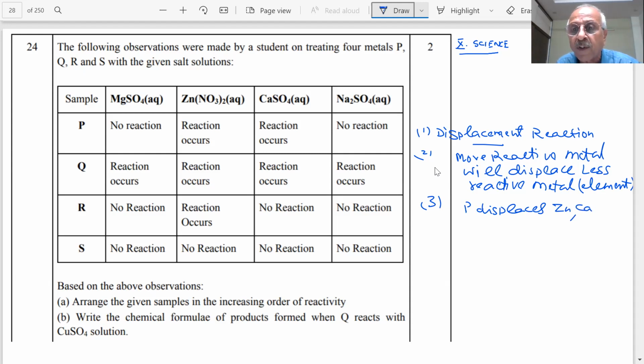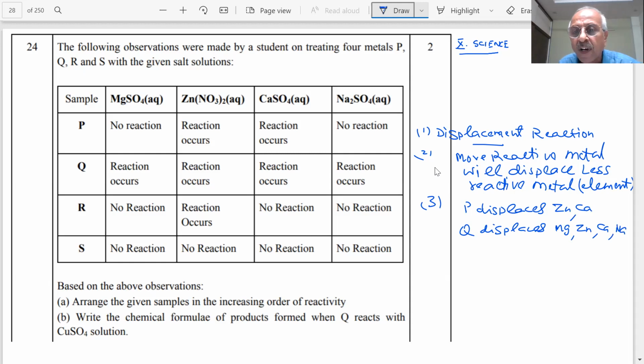Okay, that is the first piece of information. Second, let me come to Q, students. Q reacts with magnesium sulfate, Q reacts with zinc nitrate, Q reacts with calcium sulfate, and Q also reacts with sodium sulfate. Therefore, Q displaces magnesium, zinc, calcium, and sodium.